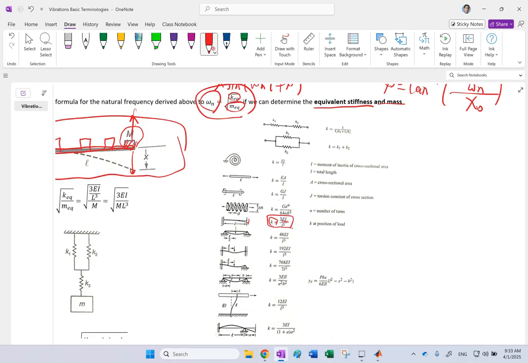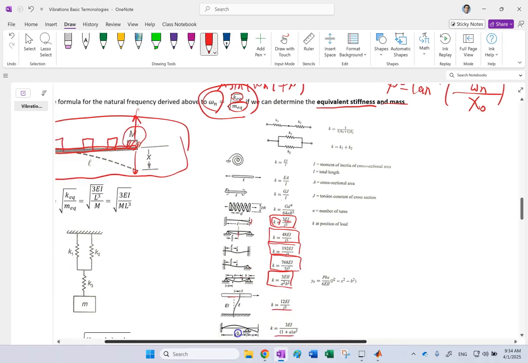If it's a simply supported beam and you put your mass on it, deflecting the center of it, this is the stiffness for it. If it's a beam that has both ends fixed, this is the K for it. If it's cantilevered with a simple support, that's this one, right? And so on and so forth. If it's simply supported and you put it off center, that is this one. If you have, for instance, a vertical, horizontal plane on a vertical, again, cantilevered beam, you can have this K.